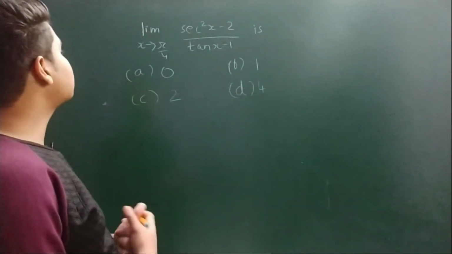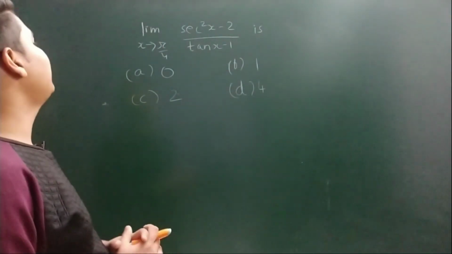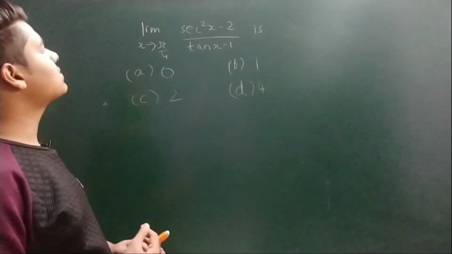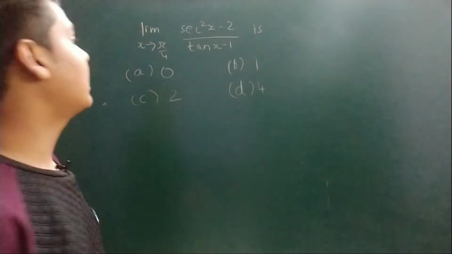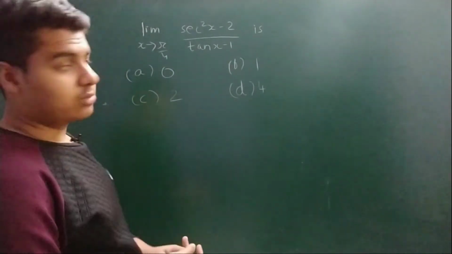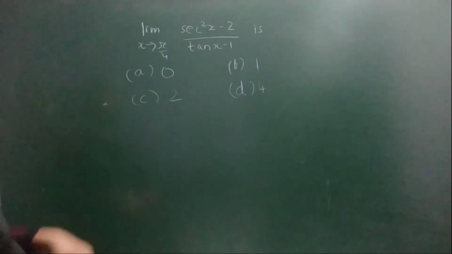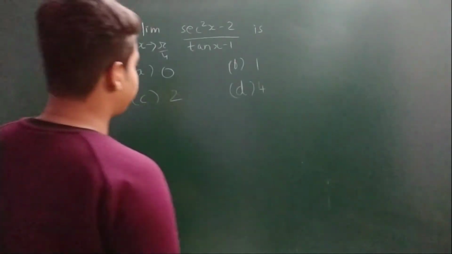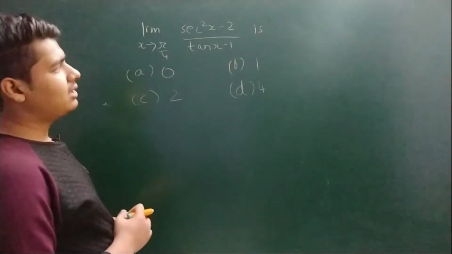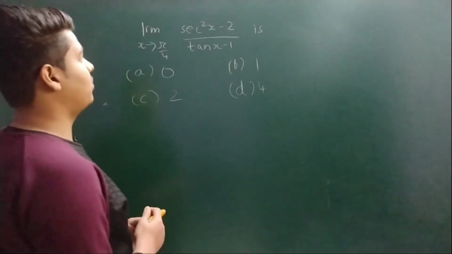So this is our next question, and the question is limit x tending to pi by 4 of sec square x minus 2 upon tan x minus 1. Again we have to find the value of the expression. Basically the MCQs are based on these types of questions because they're easy to solve. Here it might look like a tough question, but let me tell you, it's a very simple one.